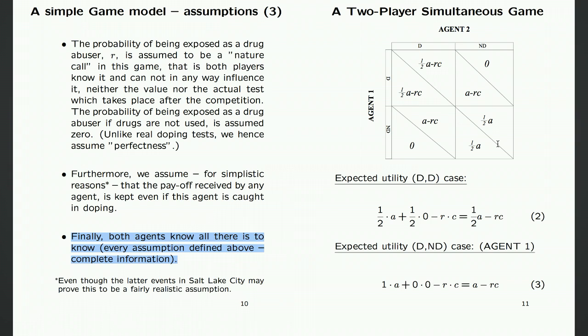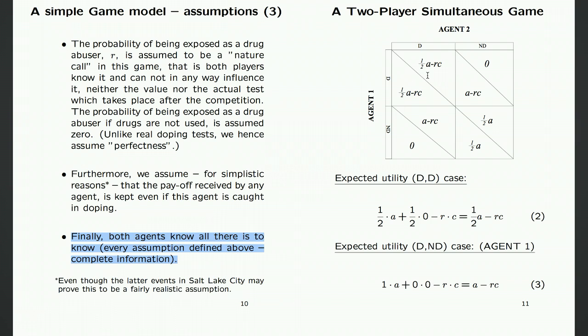The only thing to do then is to divide the prize money between these two equally strong athletes. So they each have a probability of a half of winning. This half A is simply computed by taking a probability of 0.5 times the prize value A. So we get half A for each of the agents.